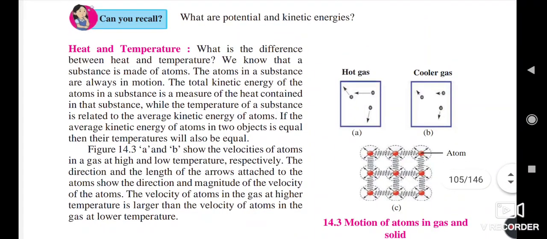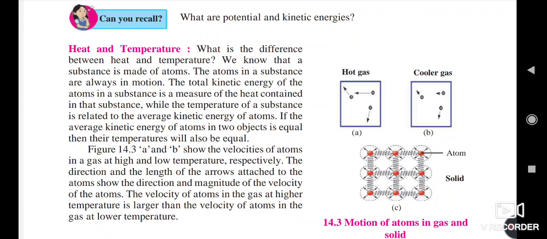Here we also look at figure number 14.3, where A and B show the velocity of atoms in a gas at high and low temperature.